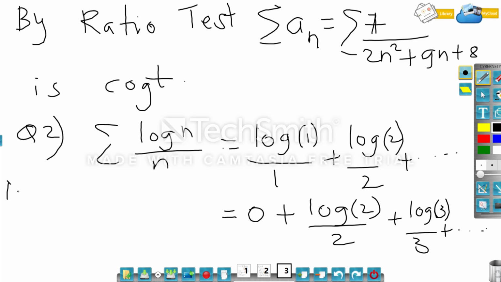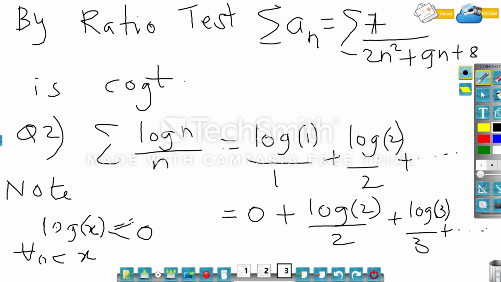One should note that log of x is always less than 0 for all x between 0 and 1. Log x is negative between 0 and 1.